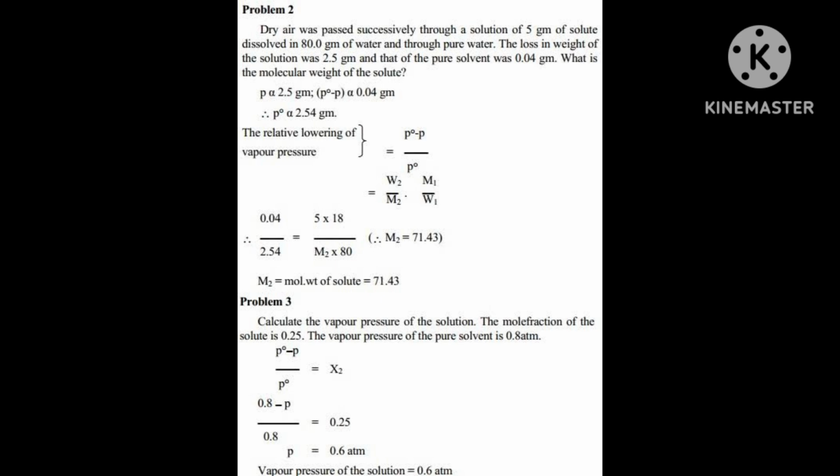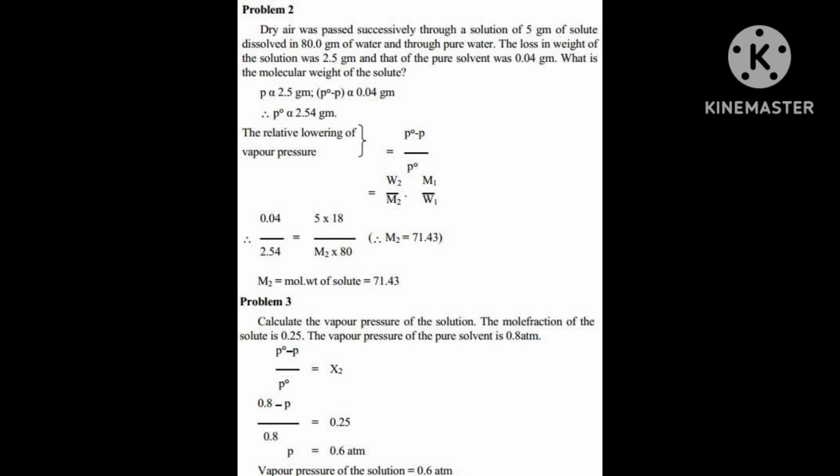That I will tell in the last, after discussing all four separately. If the solid is an electrolyte, then the value will change. That's why I will separately derive or tell you the expression.